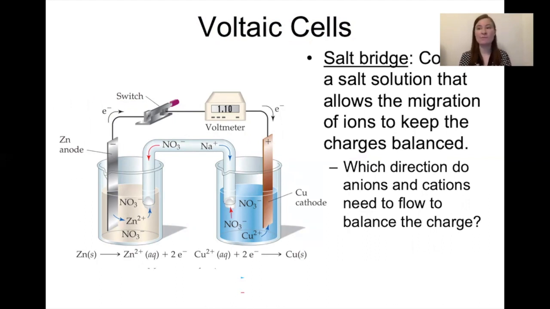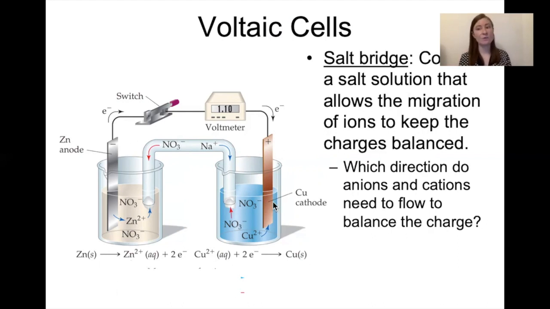In order to balance out that positive charge from losing electrons, the anode is going to gain some negatively charged ions. Whatever the negative ions in the salt bridge are, which in this drawing is nitrate ions, they're going to flow into the anode.